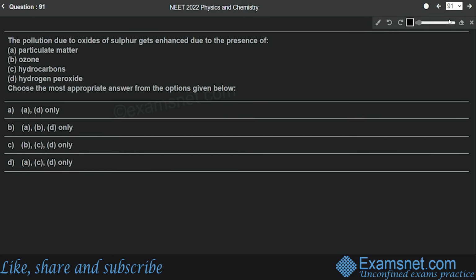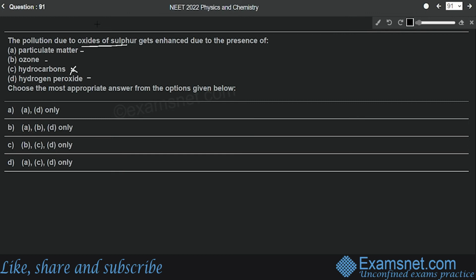Question number 91 is from the chapter Environmental Chemistry, and the question is, the pollution due to oxides of sulfur gets enhanced due to the presence of. Options are particulate matter, ozone, hydrocarbons and hydrogen peroxide. So choose the most appropriate answer from the options given. Okay, so except for hydrocarbons, all the three options are involved in pollution due to oxides of sulfur.